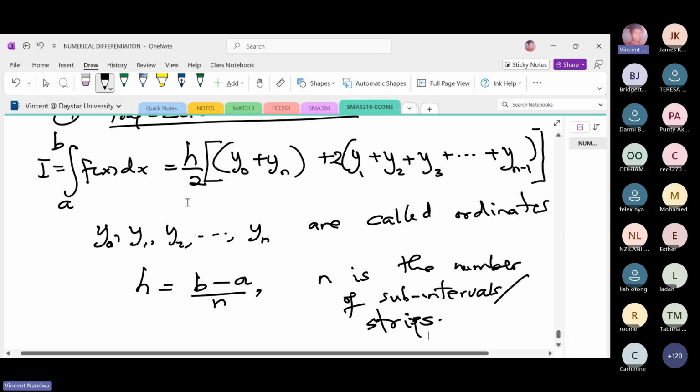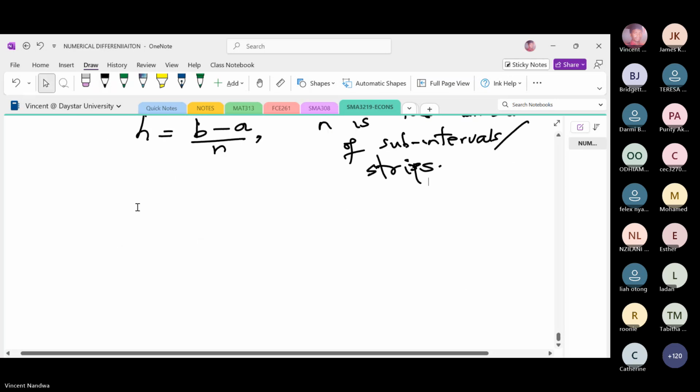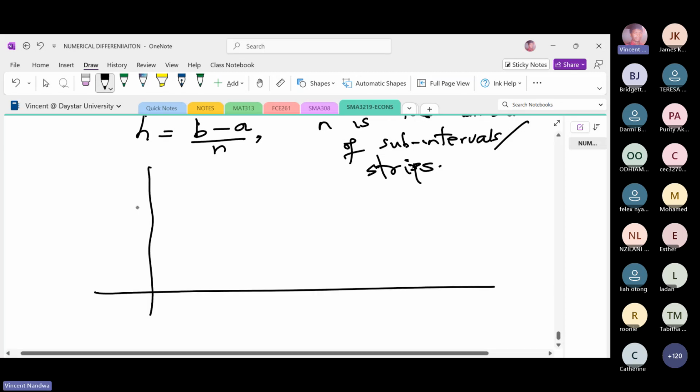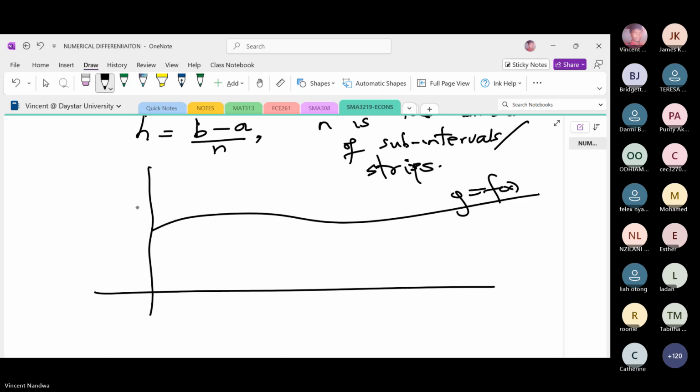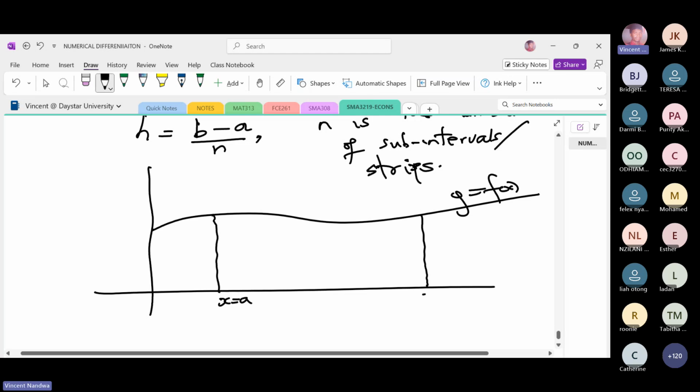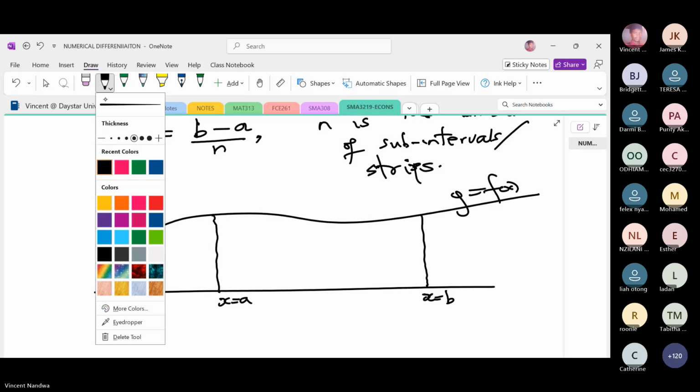So this is what we have. Just to describe what we are saying here: if I have this as our function y equals f of x, then I have this point x equals a, and this point x equals b.